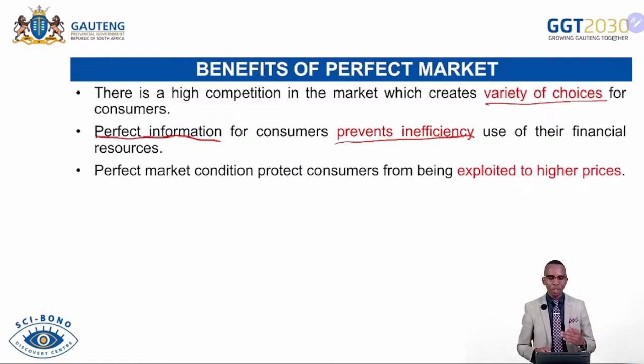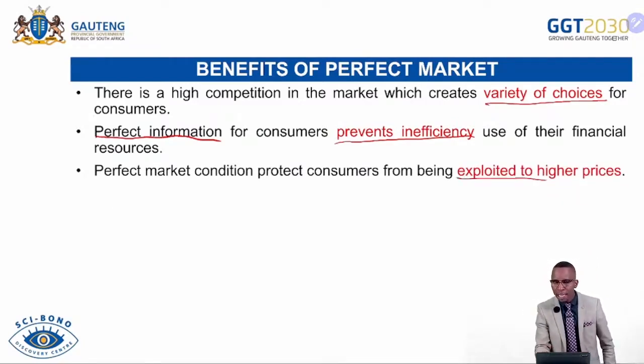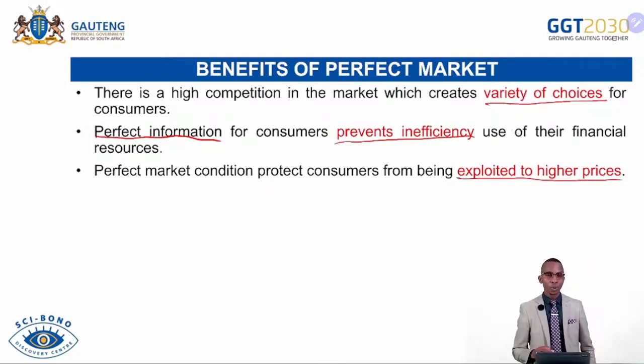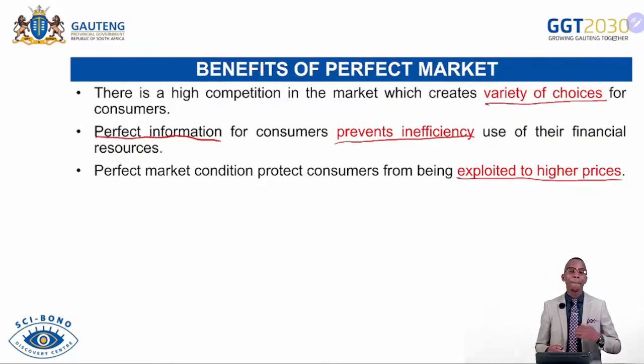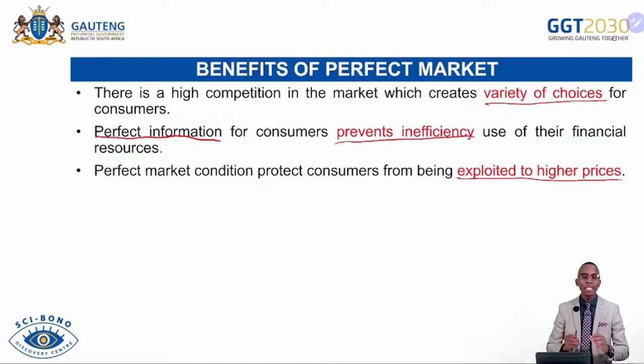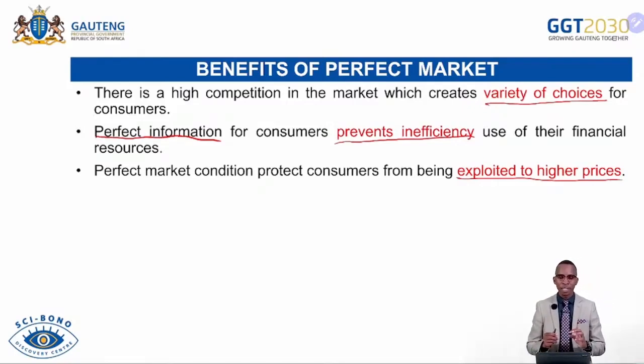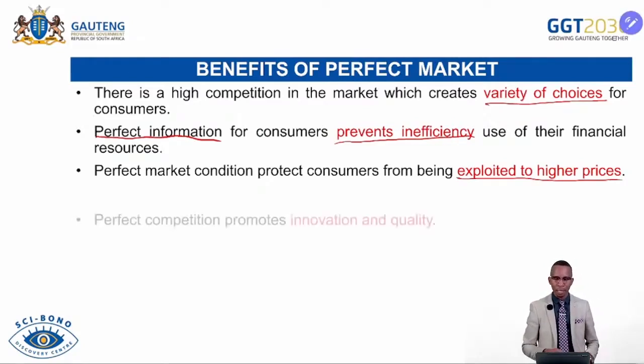The perfect market condition protects consumers from being exploited to pay higher prices. Remember, consumers can be exploited. Producers can sell the product above the market price if consumers are not well informed about the selling price or the market price. But because here consumers are well informed about the selling price or market price, they cannot easily be exploited into paying higher prices for those particular goods provided under the perfect market.